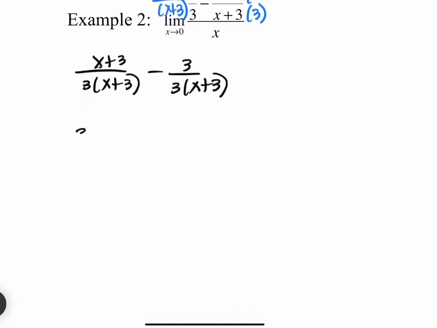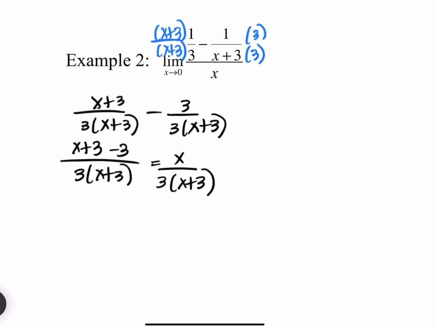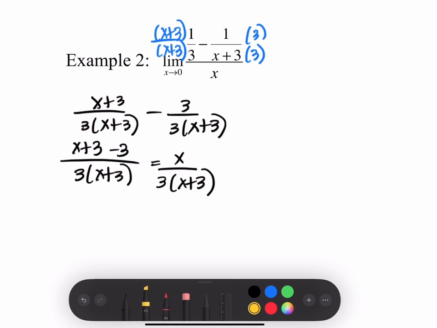And now that I have the same denominators, you can distribute the denominator if you want to. You don't have to. I'm not going to. And my expression here is x over 3x plus 3. Once I combine these denominators, again, remember, everything I just did was only the numerator.